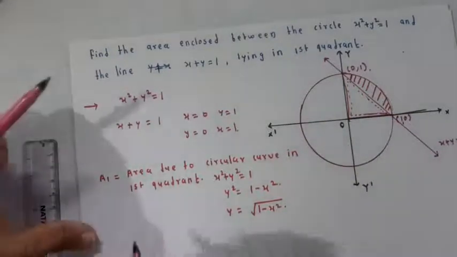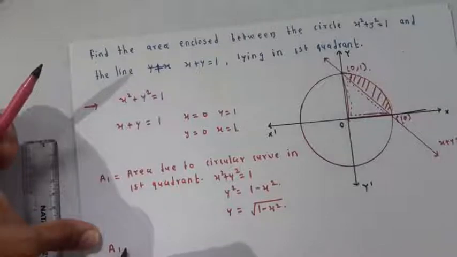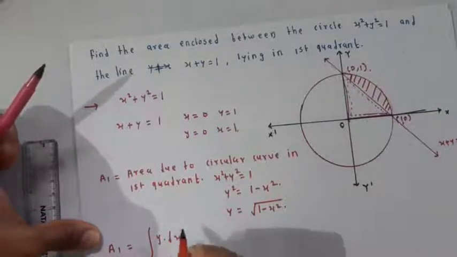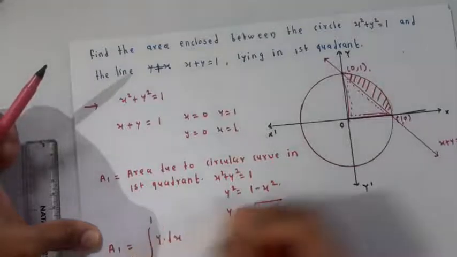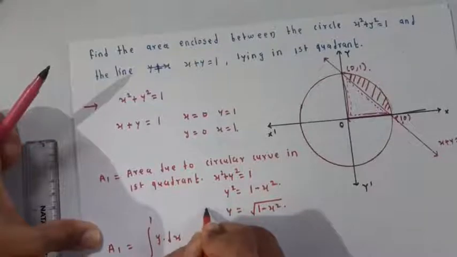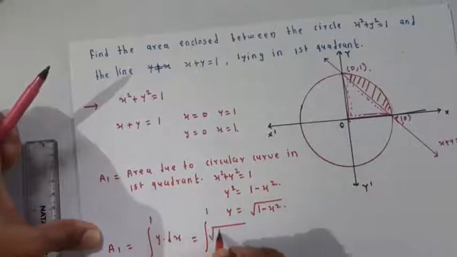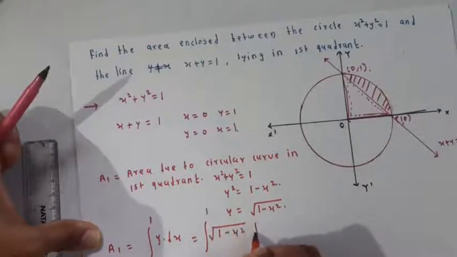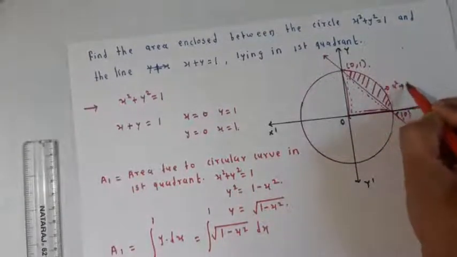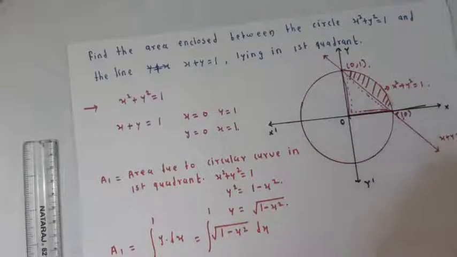Now area A1 equal to integral of y with respect to x, limit of integration 0 to 1, and this is integral from 0 to 1 of square root of 1 minus x square with respect to x, because the curve is x square plus y square equal to 1.